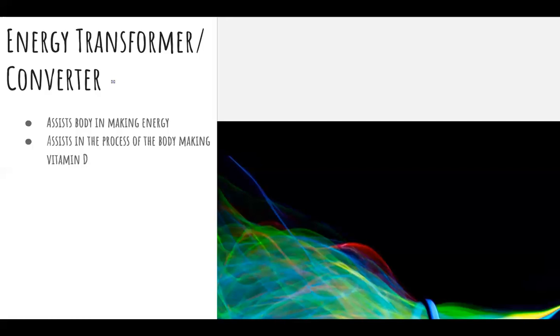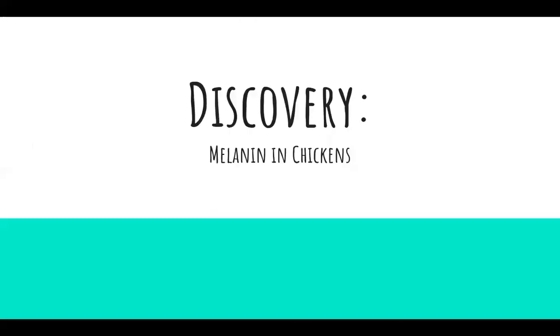And since melanin can absorb light, this helps with the process of creation of energy. According to Arturo Solis Herrera, this process is the equivalent to photosynthesis. In short, this is human photosynthesis.